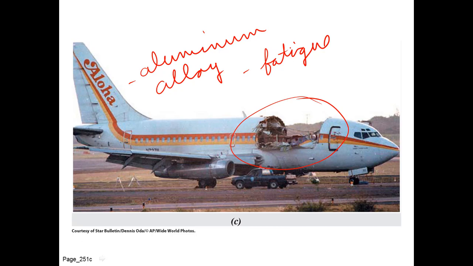So the number of takeoffs and landings exceeded the expected design number, and we saw a fatigue failure. But also corrosion was involved here because of the humid and alkaline conditions of the Hawaiian Islands. So it's kind of the perfect storm in terms of failure.